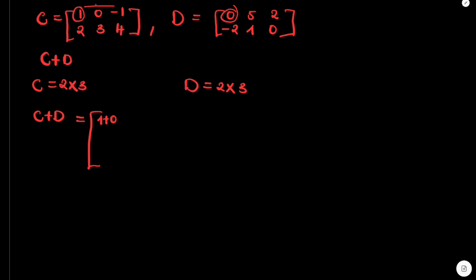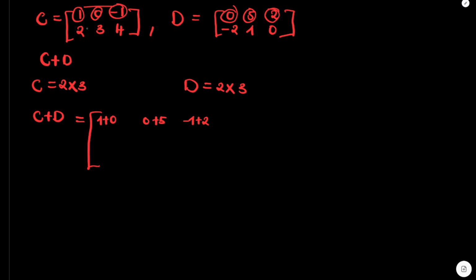Let us take the second, 0. What is its corresponding element in the matrix D? 5. So we add them, 0 plus 5. Let's take the next, minus 1. What is its corresponding element in the matrix D? 2. So we add, minus 1 plus 2. Okay, that is for the first row.